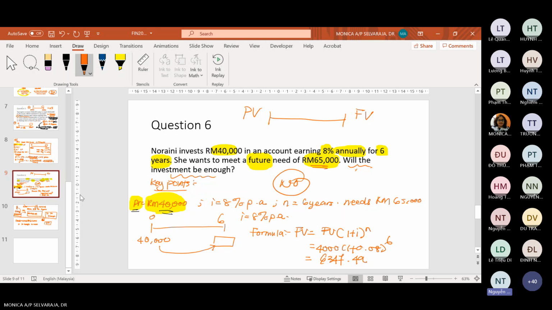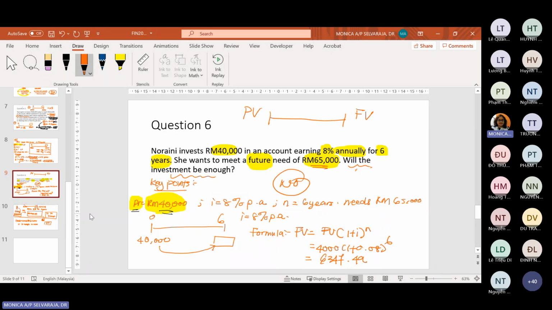So I also invest and I also answer the question, will the investment be enough? That means you must answer the investment is not enough. You bring it to the present value, you can, but you must say yes, the investment is not enough. She does not have enough to meet it.